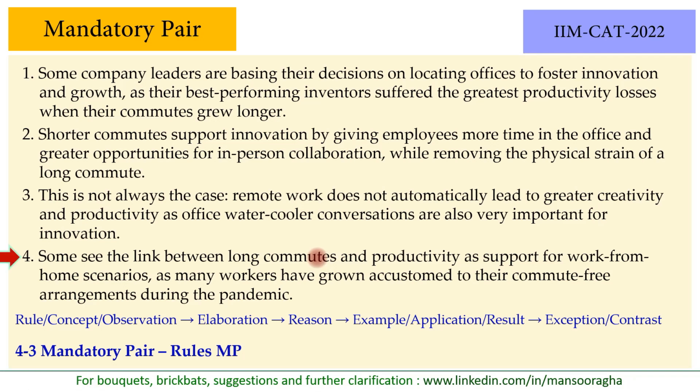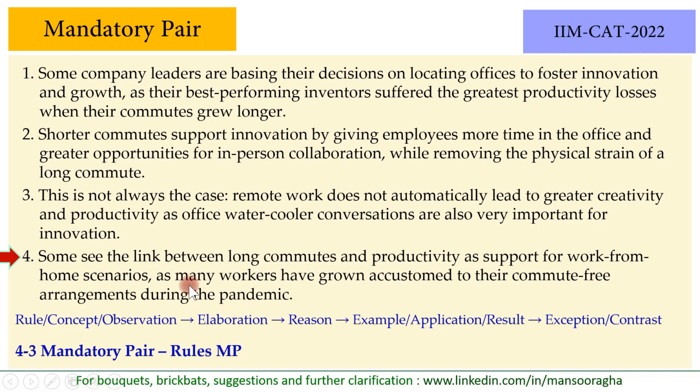Here sentence 4 gives a concept which is believed by some people, and the justification of why the relationship between long commute and productivity has developed by many of the workers who have grown accustomed to their commute-free arrangements during the pandemic.